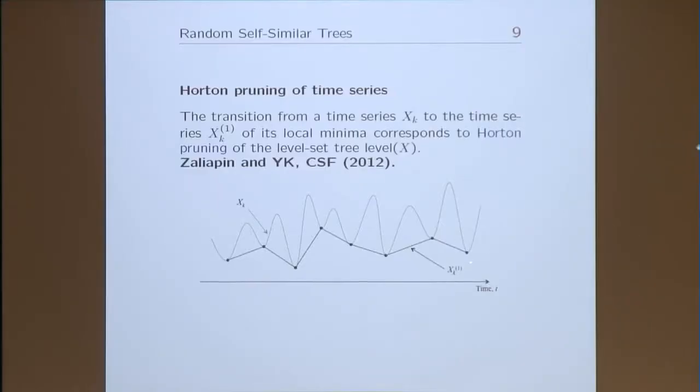You would get the level set tree of the interpolated function of local minima. So each time you prune, it corresponds to taking local minima. You prune twice, you take local minima of local minima, and so on. And in that sense, we had a lot of fun playing with it.